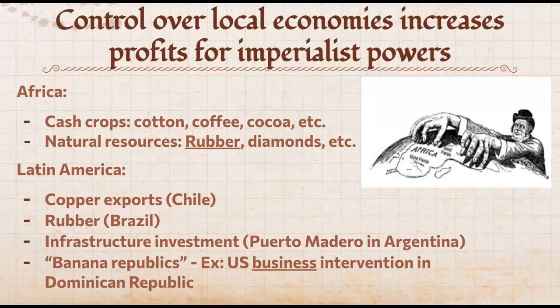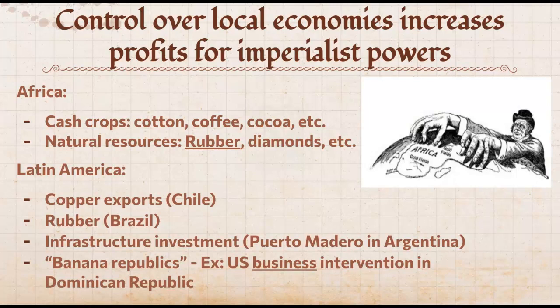Also, other natural resources like rubber and diamonds are going to be really big reasons for imperializing Africa and why there is this thing of the scramble of Africa. In Latin America, very similarly, we're going to see copper, we're going to see rubber. There will be infrastructure investments. And lastly, as we talked about with the last two slides, banana republics.